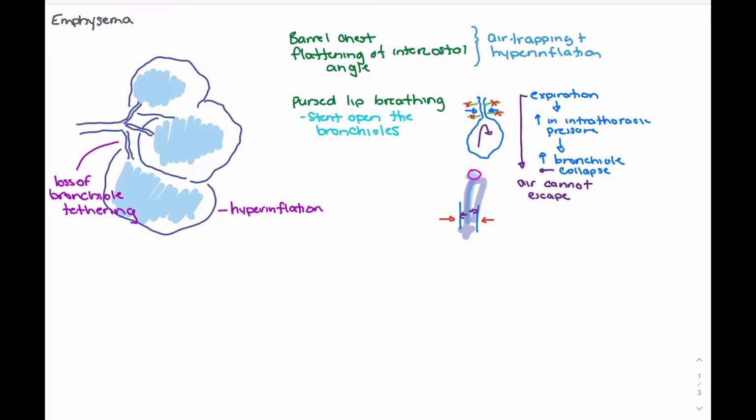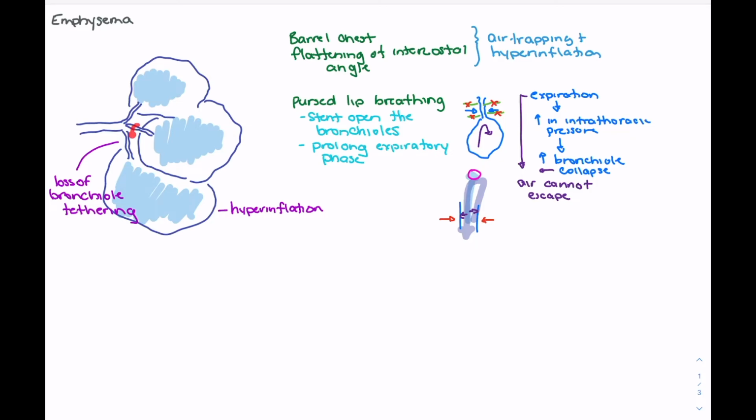One of the benefits of pursed lip breathing is it's also going to prolong the expiratory phase, so the patient should be able to breathe more out. It stents open the bronchioles to prevent air trapping, and it prolongs the expiratory phase, which hopefully will allow more air to exit the lungs and those alveoli. So we're hoping to stent open the bronchioles so the air can actually escape.